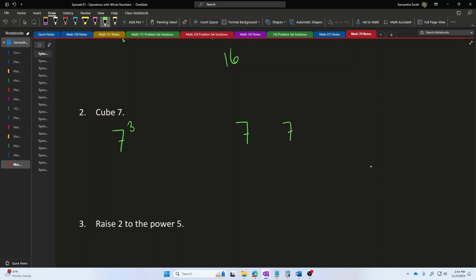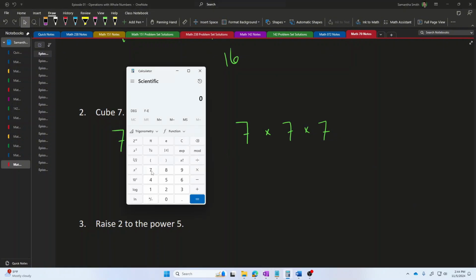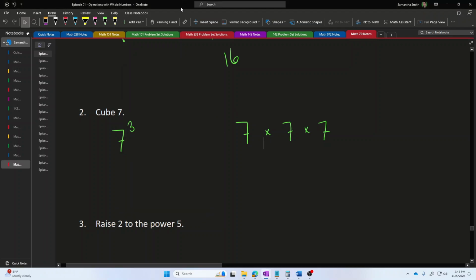Take 3 copies of 7 and multiply them together. So this is something that I could do in the calculator, 7 times 7 times 7, or I could use the built-in 7 power 3, 7 up arrow 3, and that gives me a result of 343.